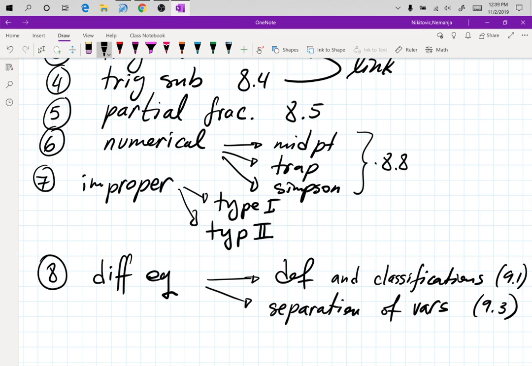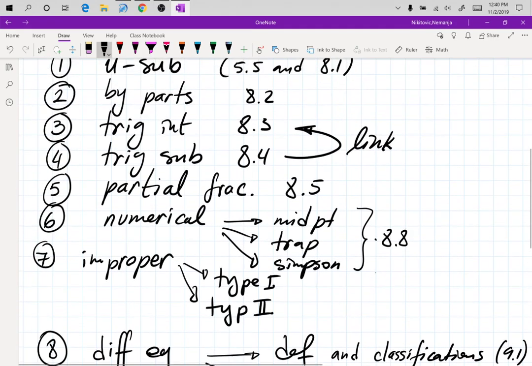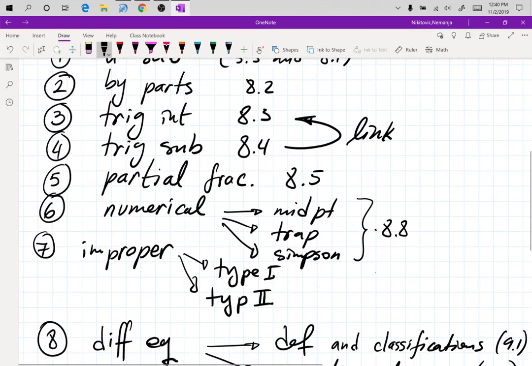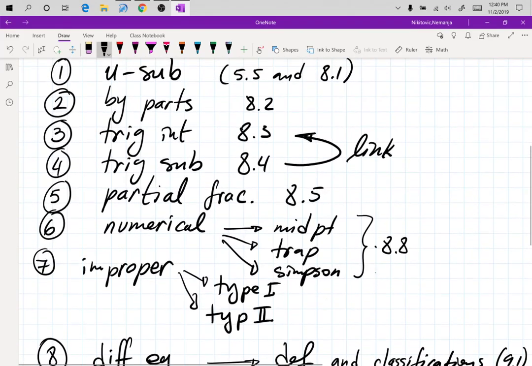Now you're probably going to say, well, what happened with 8.6? 8.6 is choose your method. So that's technically everything, right? You will be choosing your method in most of the problems.